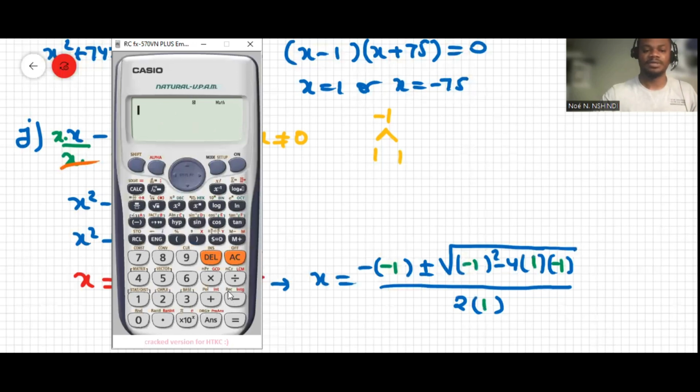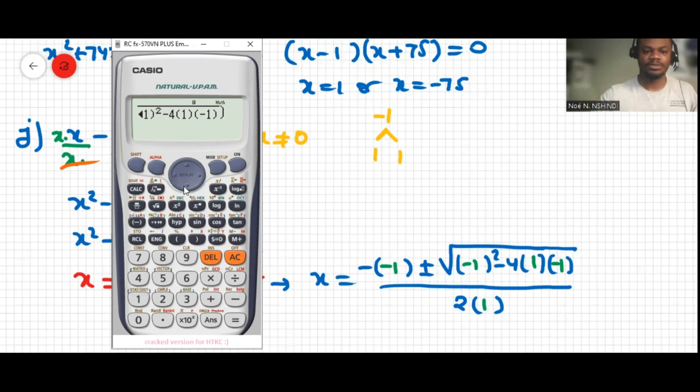Negative of negative 1, plus square root of negative 1 raised to the power of 2 minus 4 times 1 times negative 1, close bracket.